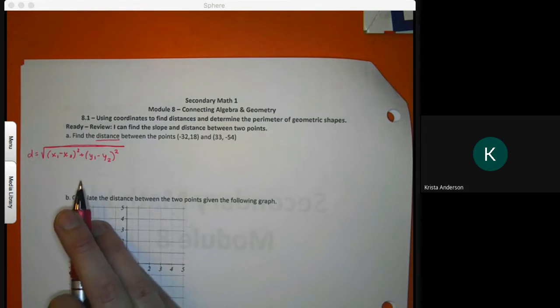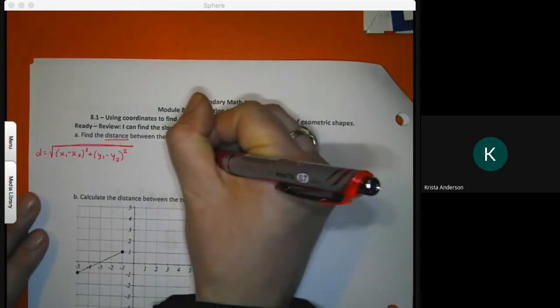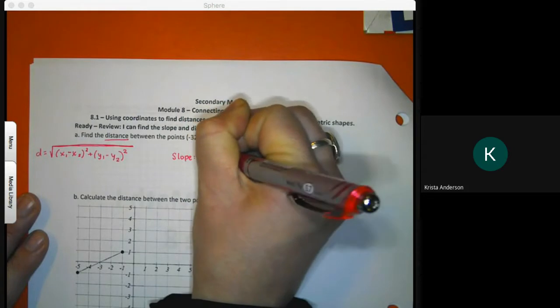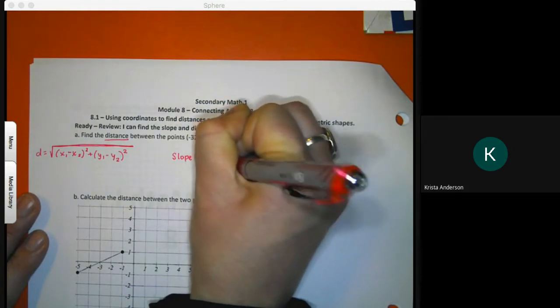I forget this formula, so what I prefer to do, I think it's easier to remember the slope, which is y minus y over x minus x.